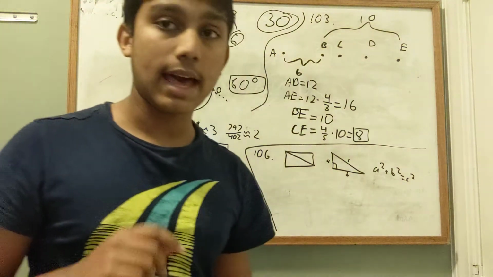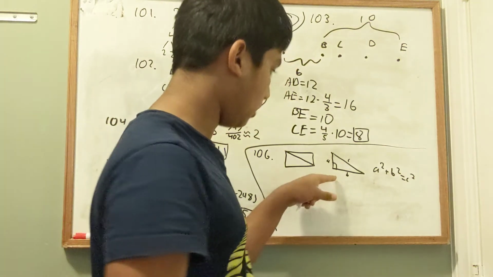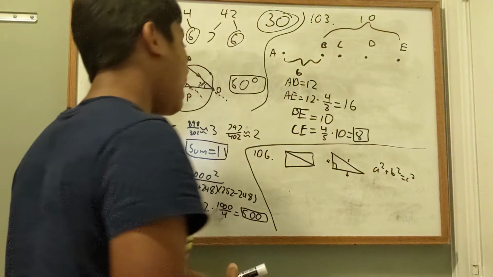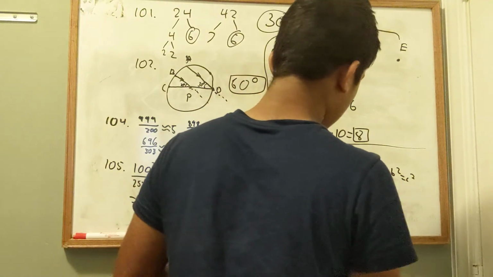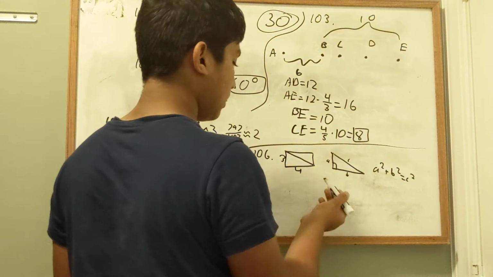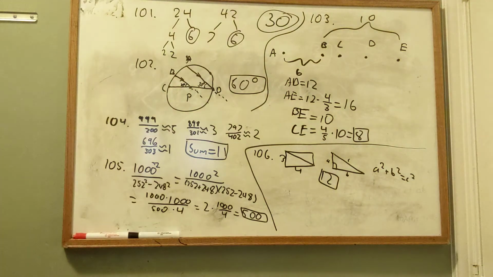The smallest Pythagorean triple is the 3, 4, 5 right triangle, because 3 squared plus 4 squared is 5 squared. So if 3 and 4 are the sides of the rectangle, the area of it is just 12. And that's your answer. I'll erase it.